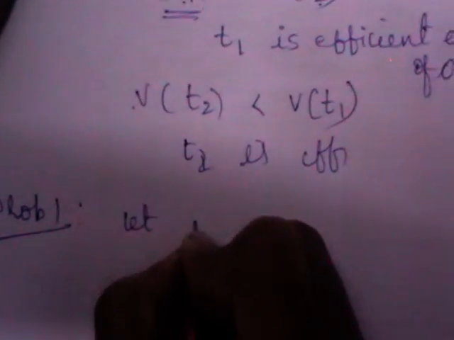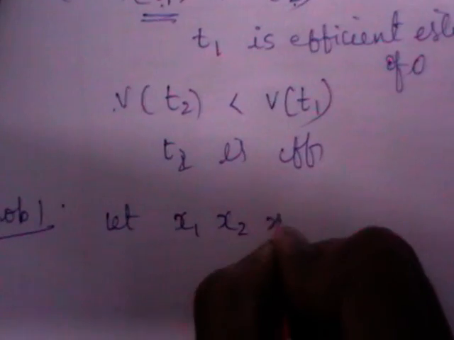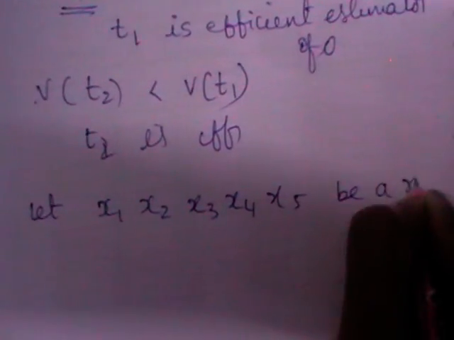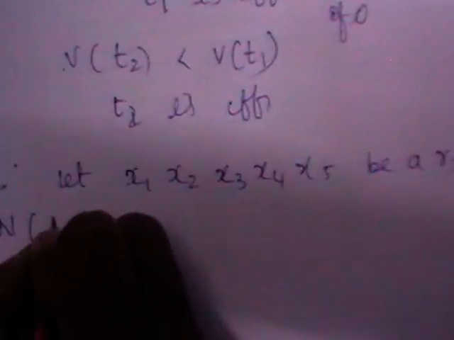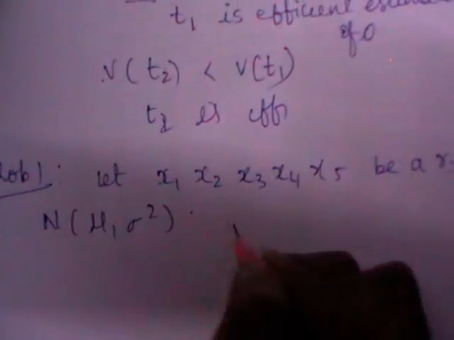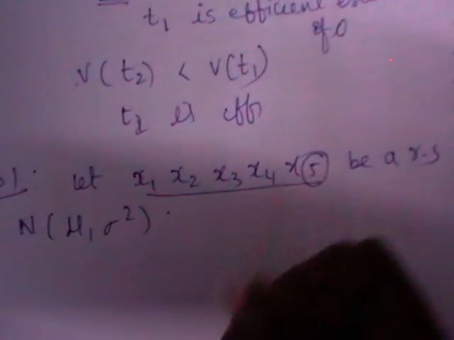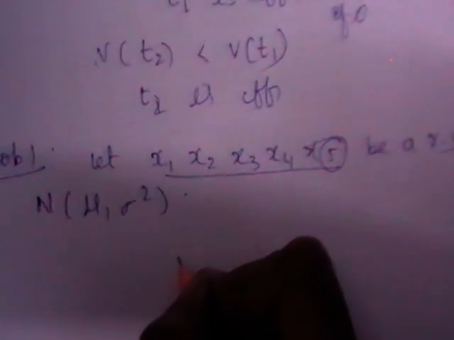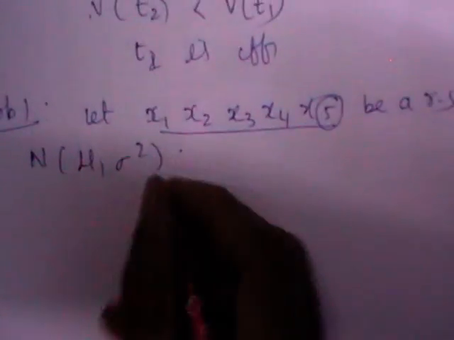Let x1, x2, x3, x4, x5 be a random sample drawn from an N(mu, sigma square) population. What is the sample size here? 5 is the sample size. Now consider the following estimators.